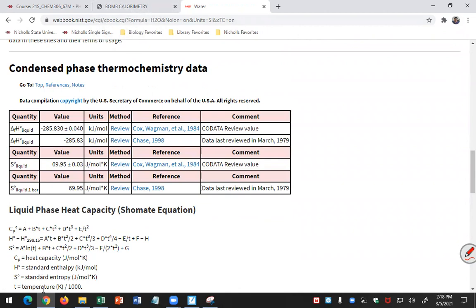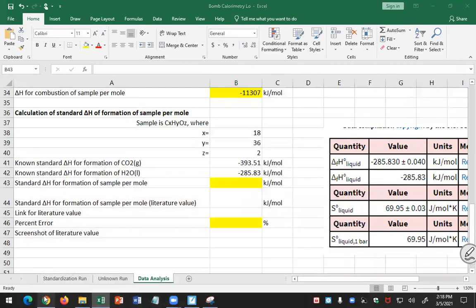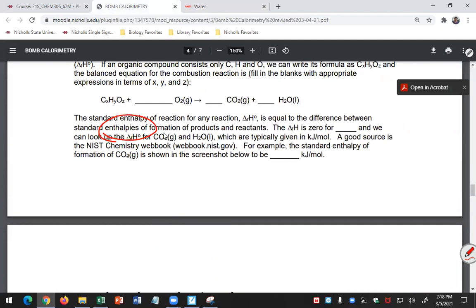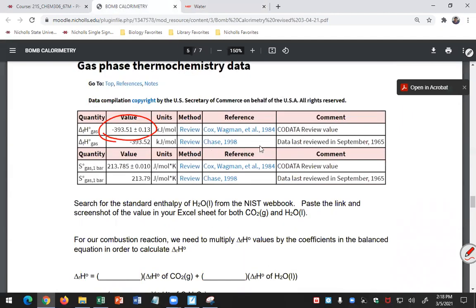What does the handout say? Well, the handout already gives you the CO2 anyway.